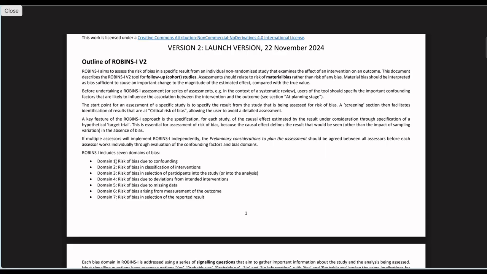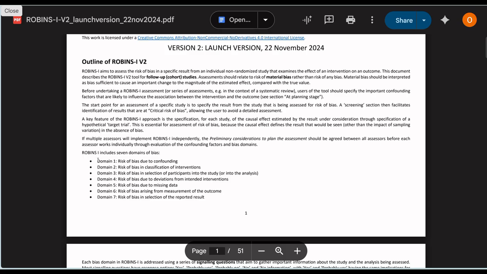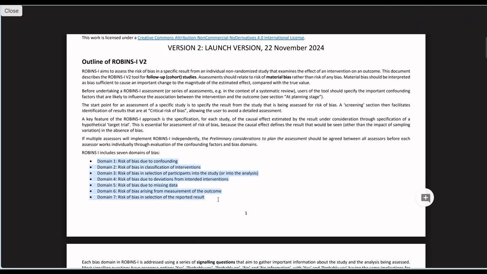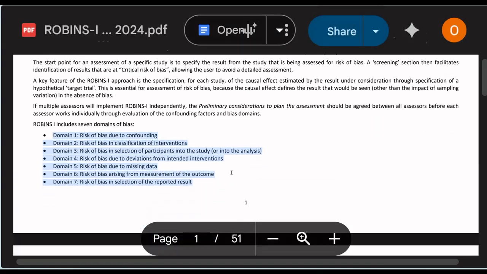to include, and it is in 7 stages, as in those questions that you want to ask to ascertain the quality. They are in 7 domains. Number 1 is risk of bias due to confounding, risk of bias in classification of interventions, risk of bias in selection of participants into the study. Let me increase this.